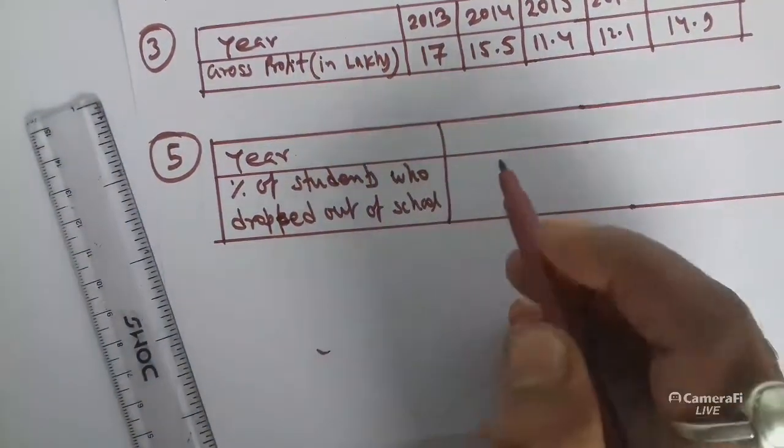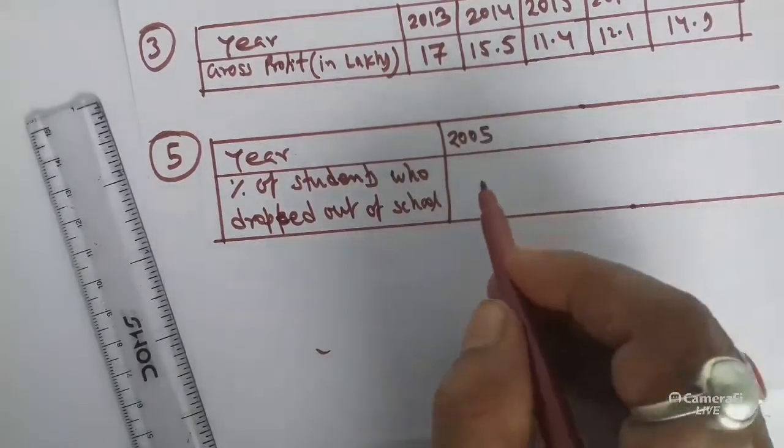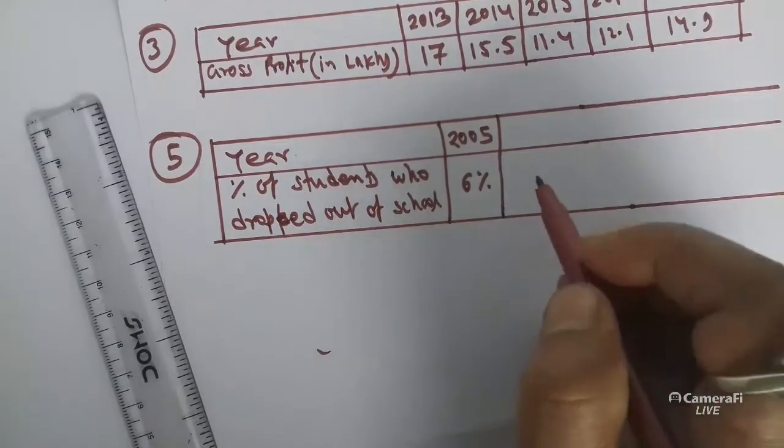So first one is 2005. In 2005, 6% students dropped out.